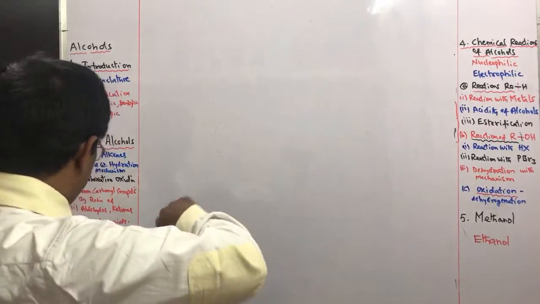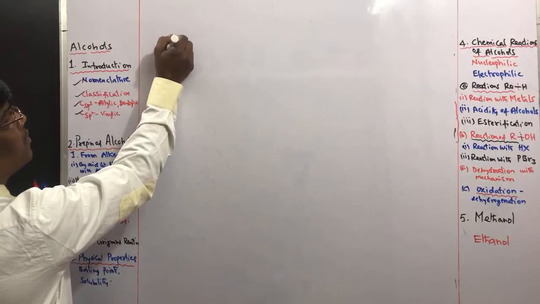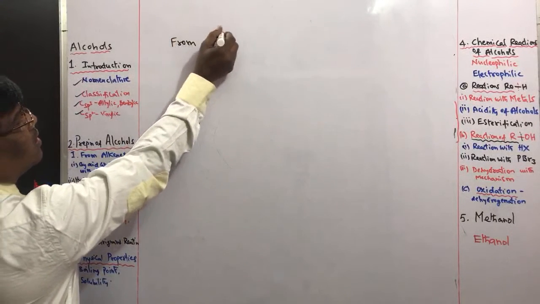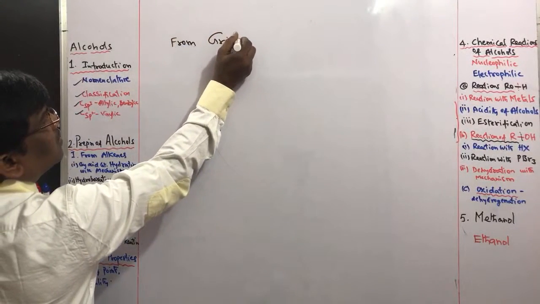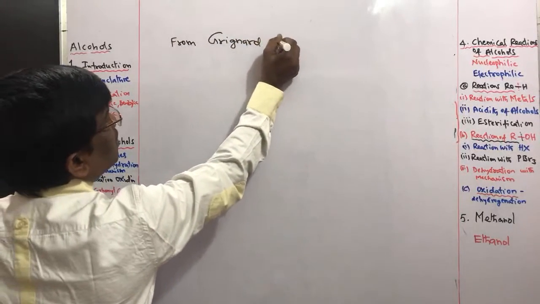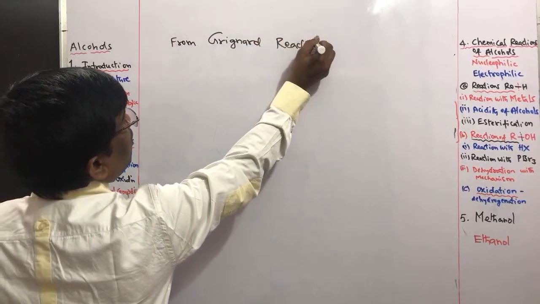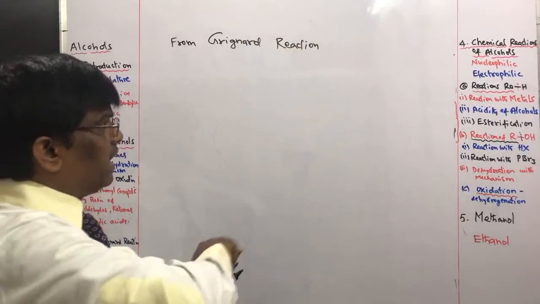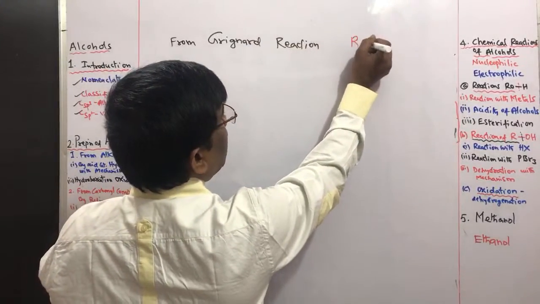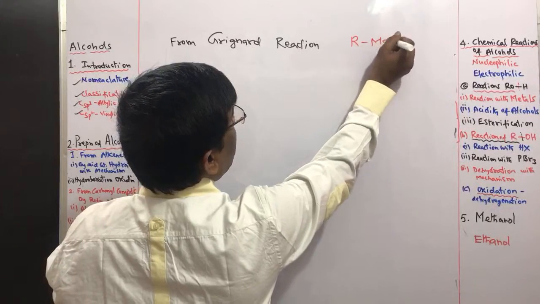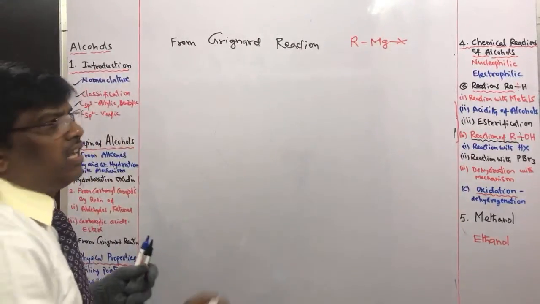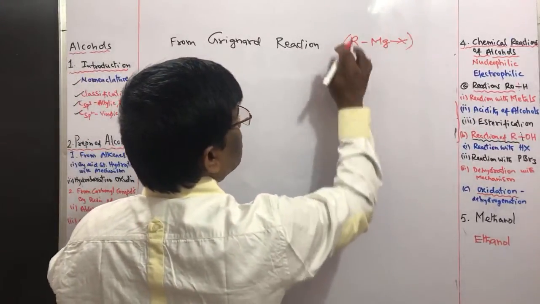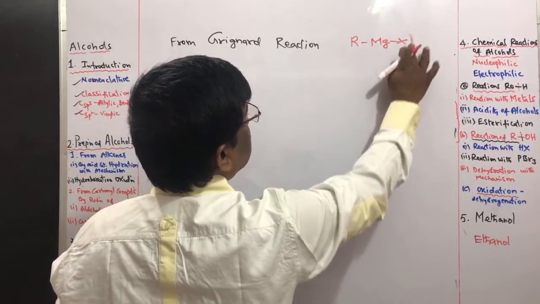The other method is from Grignard reaction, the preparation of alcohols from Grignard reagents. What is a Grignard reagent? Alkyl or aryl magnesium halide is a Grignard reagent, right? What is the charge on this carbon or this R group?